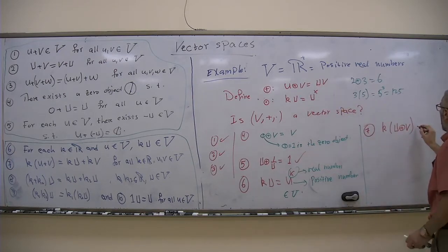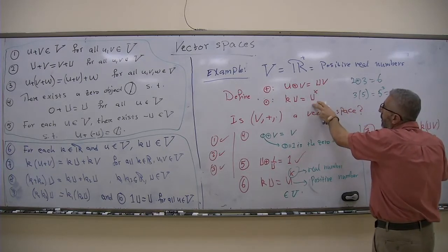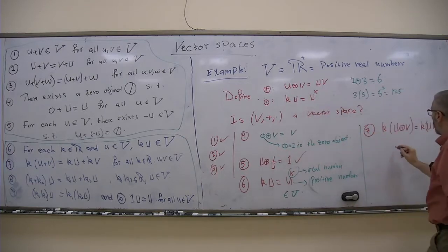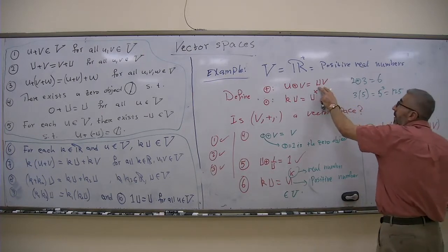So this will be k of uv, which is uv exponent k, and this will be u^k v^k. Correct?